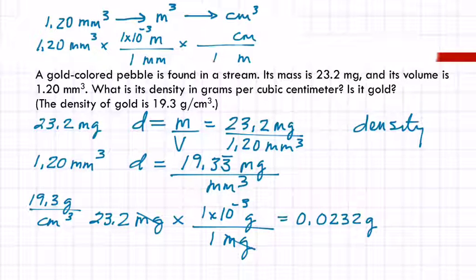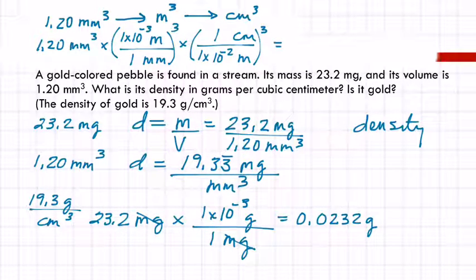So I've got centi on top. I'm going to put what it means on the other side of the line. 1 centimeter is 1 times 10 to the minus 2 meters. Because these are cubed, I need to cube the whole thing. So I've got 1.2 times 1 EE negative 3 cubed divided by 1 EE negative 2 cubed.